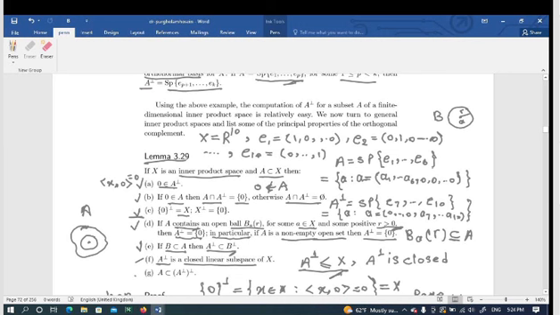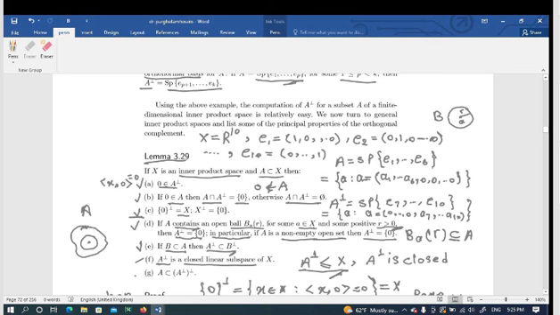In particular, if A is a non-empty open set, because every member of A must be an inner element, and for any inner element x, there must be an open ball that is in A. So in this case, A orthogonal equals {0}.